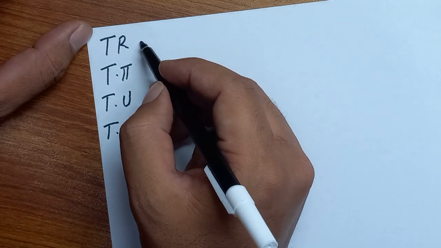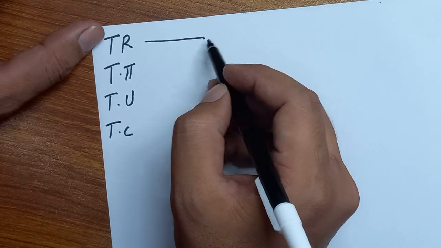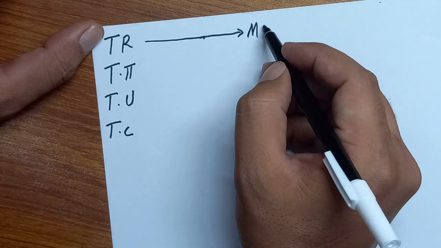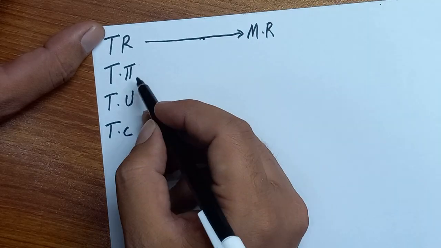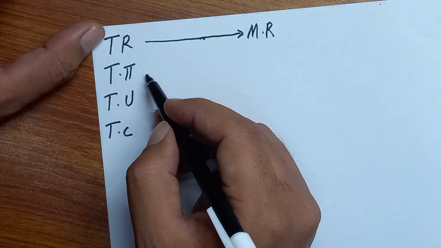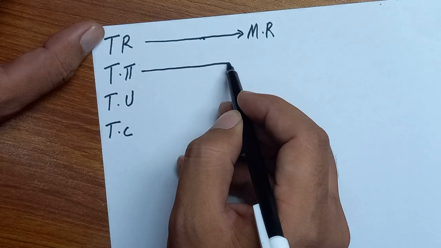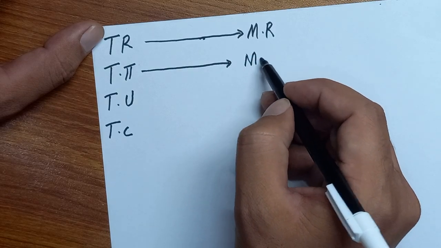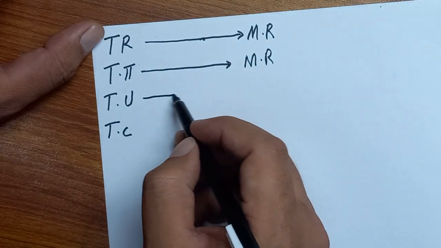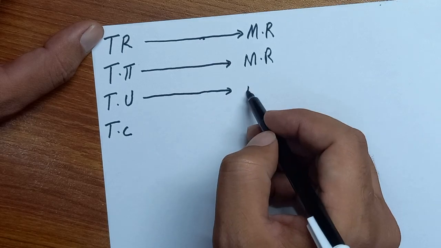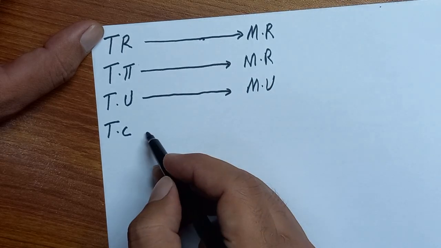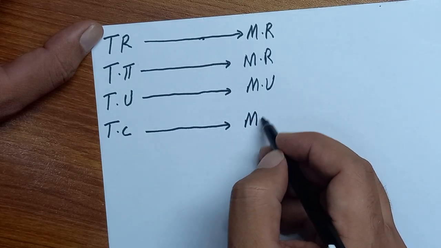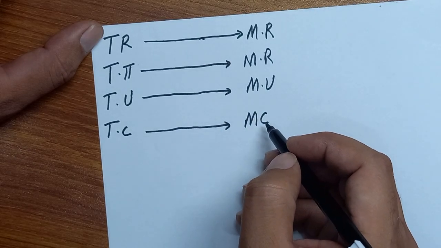So first we will change it through marginal revenue. Marginal revenue. Total profit will also be changed to marginal profit, total utility will be changed to marginal utility, and total cost will be changed to marginal cost.